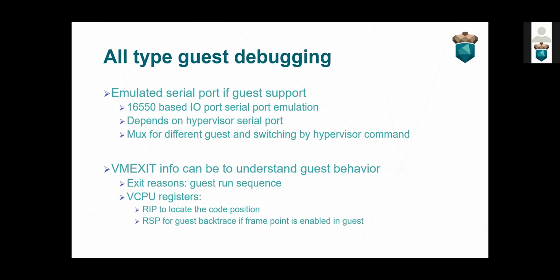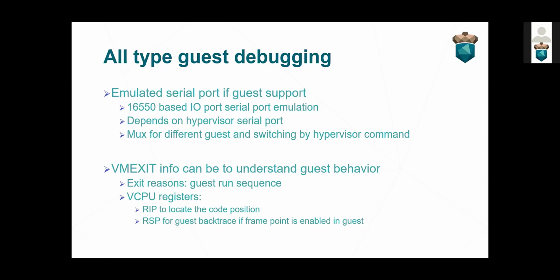For example, if you use vm_console 1, that will connect the physical serial port to VM1, and if you use vm_console 2, that will connect the physical serial port to VM2. So you could switch to different VM serial ports.